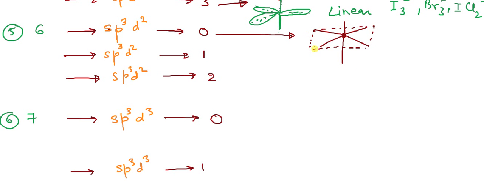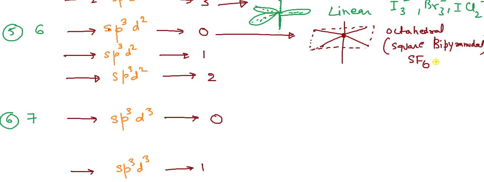It's actually a square type. So the structure is octahedral, or you can say square bipyramidal. Square bipyramidal. An example is SF6, CrF6 3 minus.